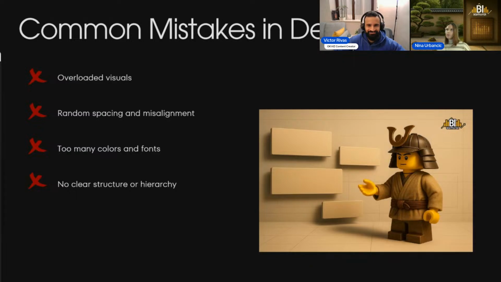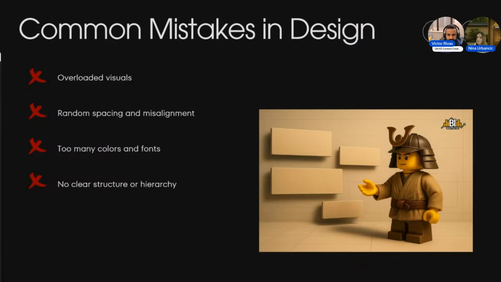And there are some common mistakes in design that we see a lot. So one is too many visuals fighting for attention on a page. There are easily reports with 15 visuals on one page, 10 different filters, slicers, and it just makes it really hard to read. Then we also have random spacing and misalignment.